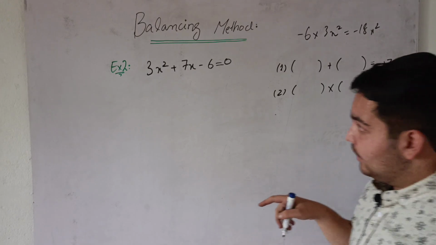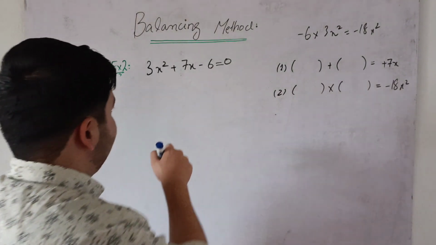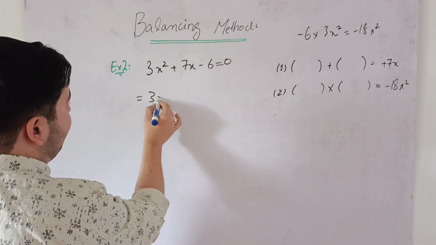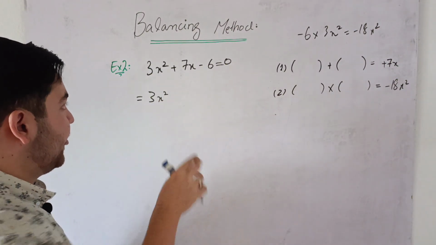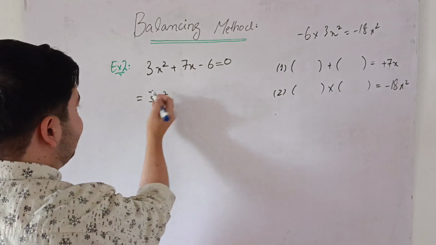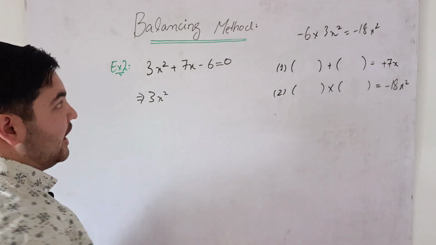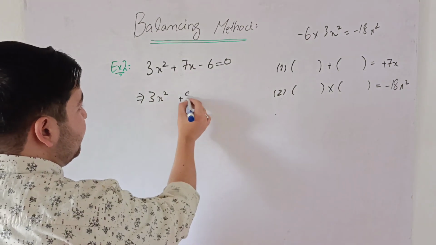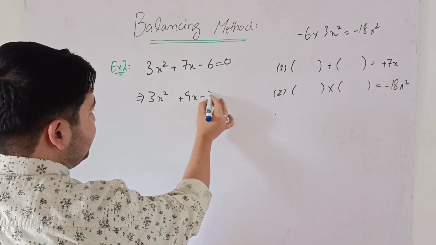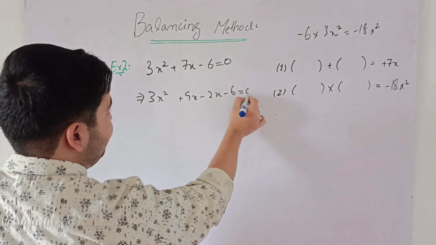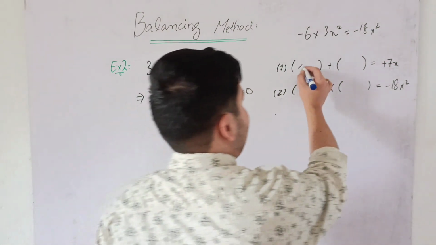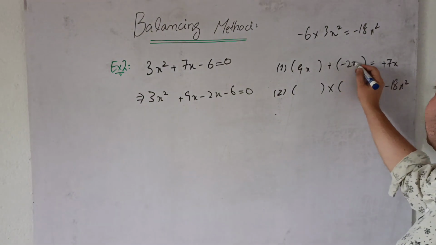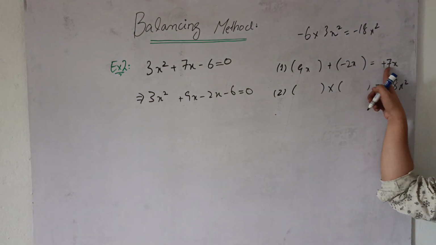So here we will split this term. If you can solve it, pause the video and solve it. We have to split this term into two terms. If I split it into plus 9x minus 2x minus 6 is equal to 0, then adding 9x minus 2x gives plus 7x.